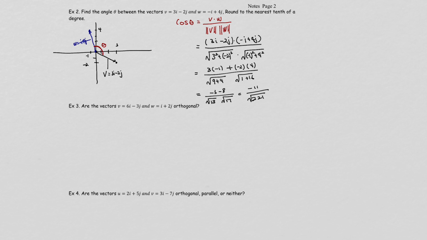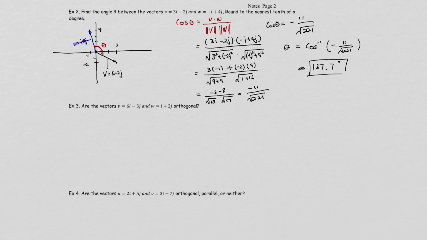So using that, if we wanted to find theta by itself, we're going to use the cosine inverse of that value. So we can find the angle with the given value, and this is about 137.7 on the calculator.